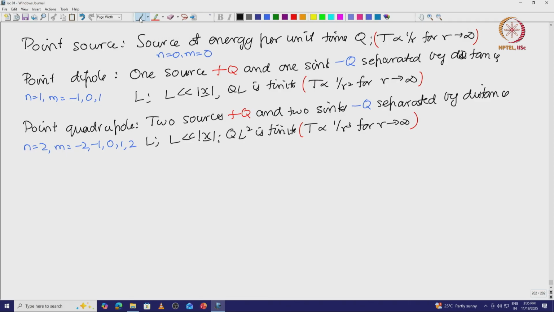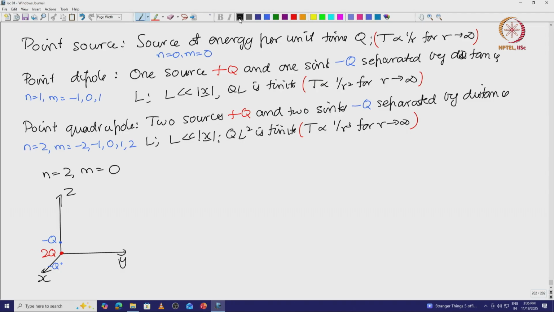So, for the particular case where n is equal to 2, m is equal to 0, you have two sources at the origin, 2q, and one sink at plus L by 2, the other sink at minus L by 2.